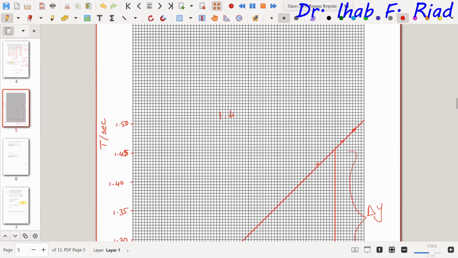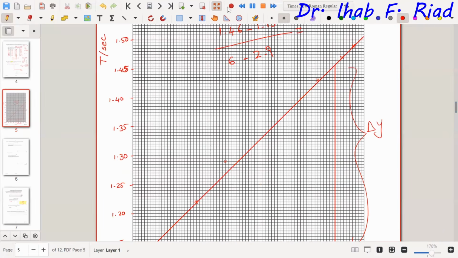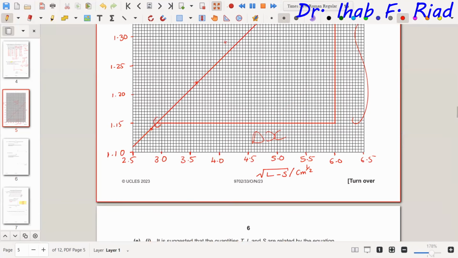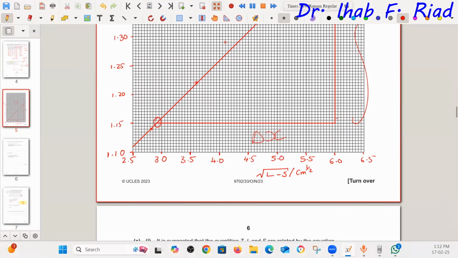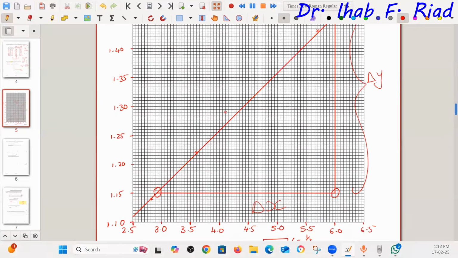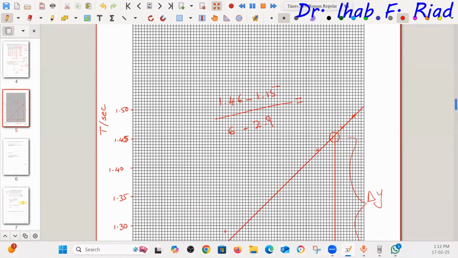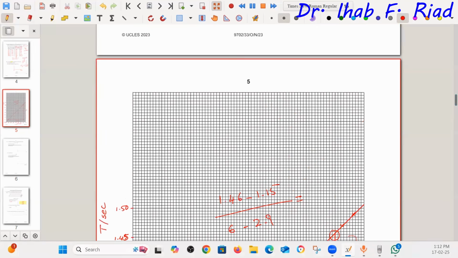Gradient is 1.46 minus 1.15 divide 6 minus 2.9. These are the values I got from here and here and this one. This is how I calculate the gradient. I think you know how to calculate the gradient, right? Yes, I do. Yes, okay. So this is my calculation for the gradient.